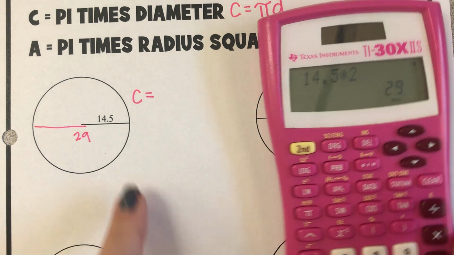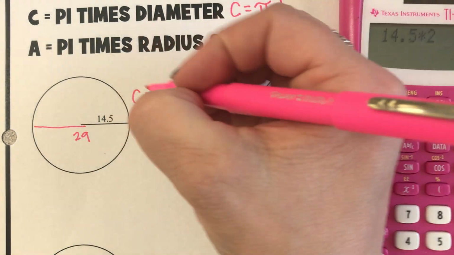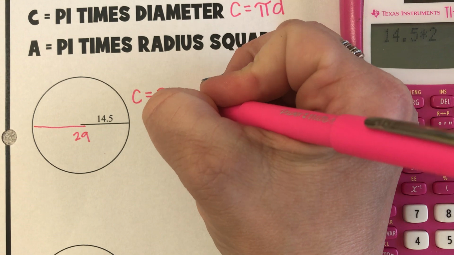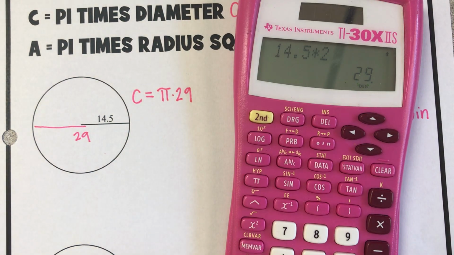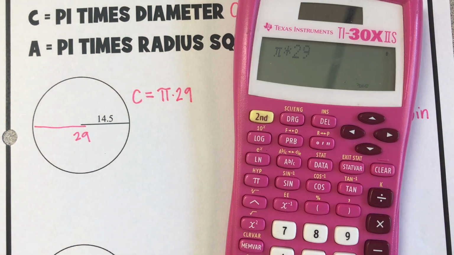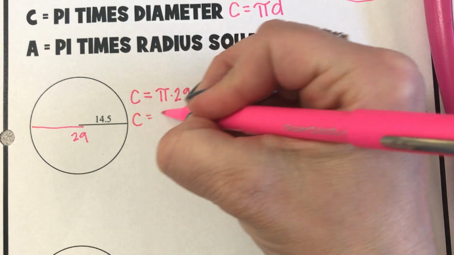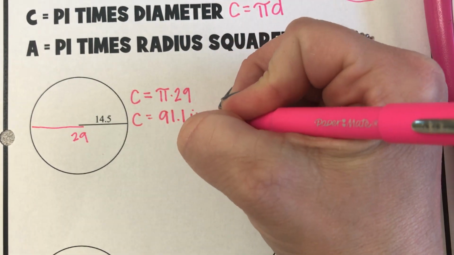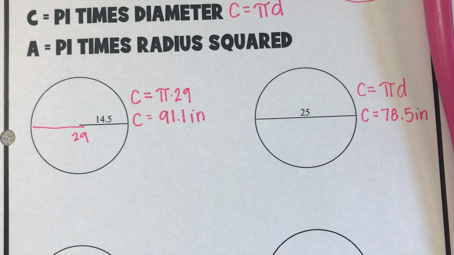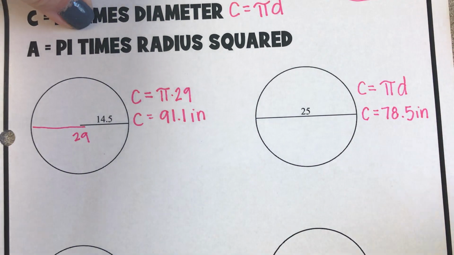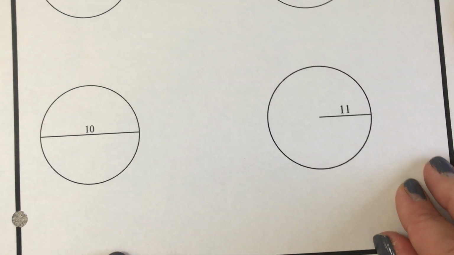So circumference equals pi times 29, which rounded to the tenths place is 91.1 inches. So it's pi times diameter, which is all the way across the circle. Why don't you pause it and do the bottom two for circumference, and then we can check your answer.